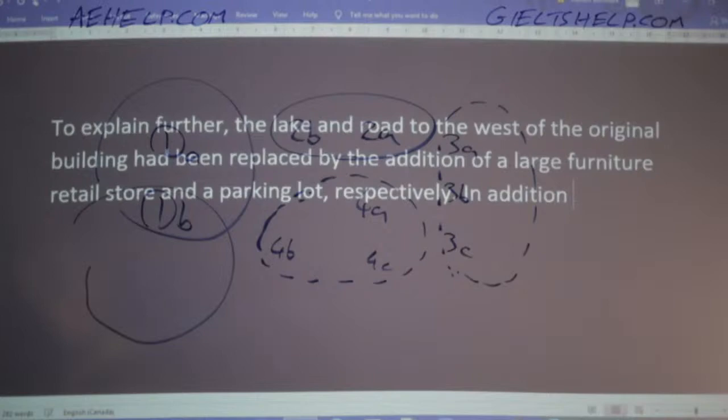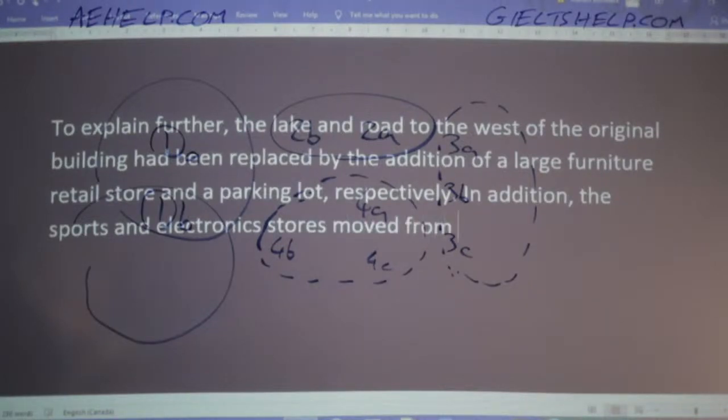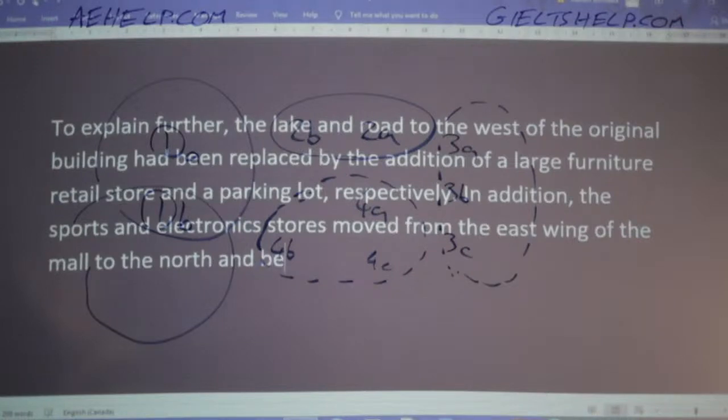In addition, the sports and electronics stores moved from the east wing of the mall to the north and occupied larger spaces.